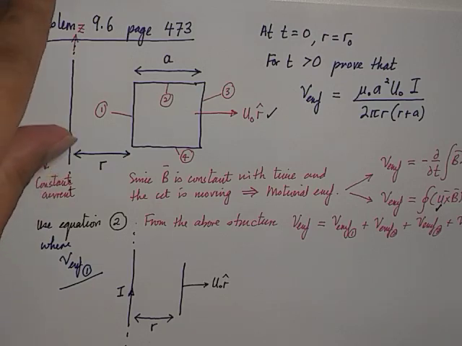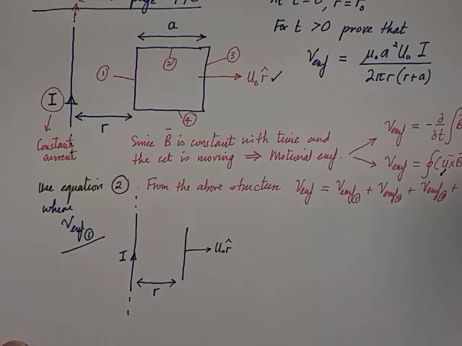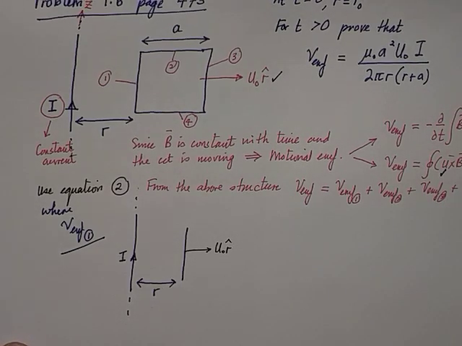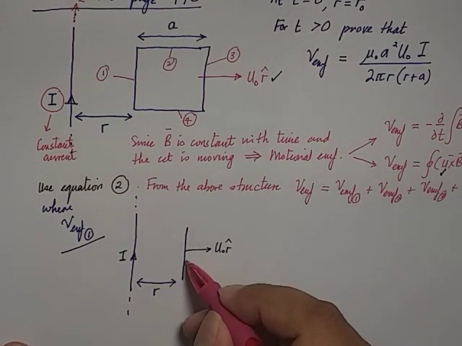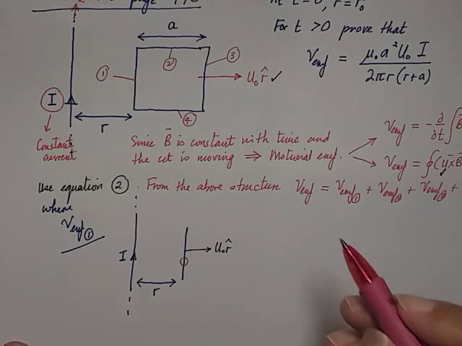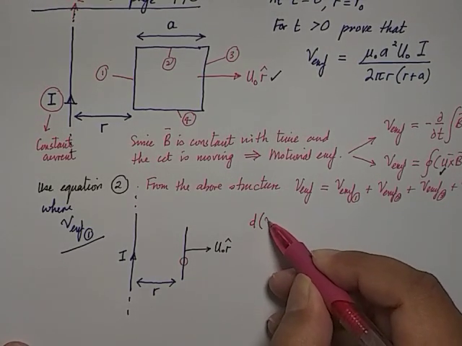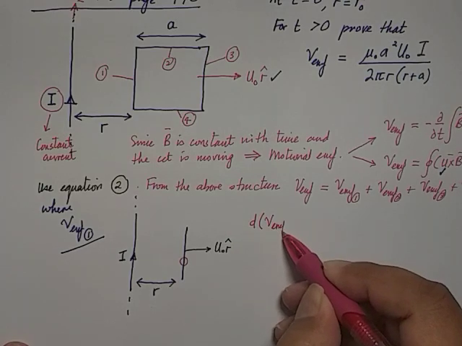Okay, so how do we continue solving this problem? Yes, I'm going to take a sample here. My sample is going to generate its own EMF, so I'm going to call it the induced EMF number 1.